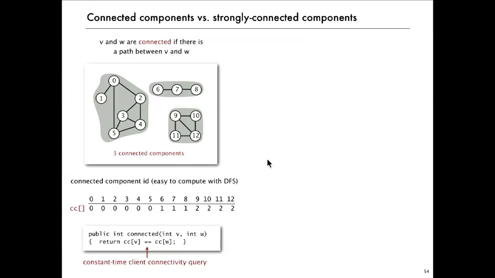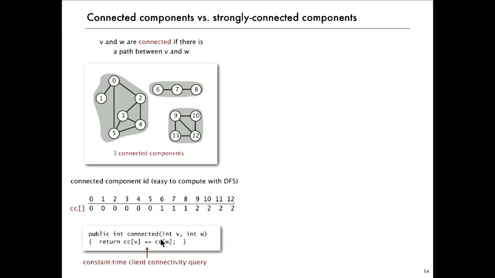Our design pattern is to build our graph processing algorithm as a constructor that takes a graph and does the pre-processing to create a table like this one, which assigns a unique ID to all the vertices in each given component, so that we can have a constant time client query to check whether two given vertices are in the same connected component or not.